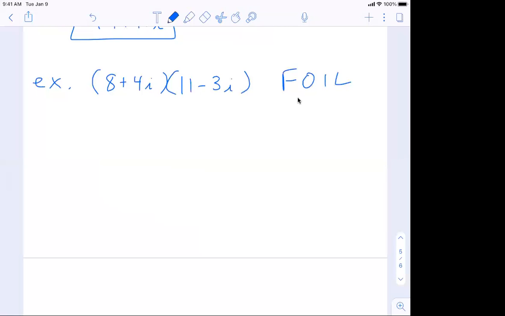So when I multiply the first two, 8 times 11 is 88. 8 times negative 3i is minus 24i. 4i times 11 is plus 44i.